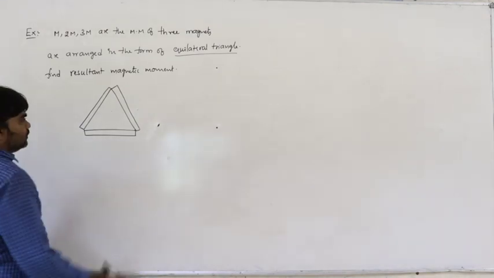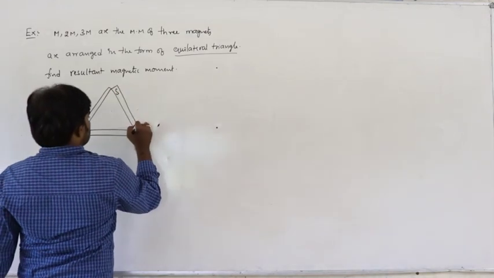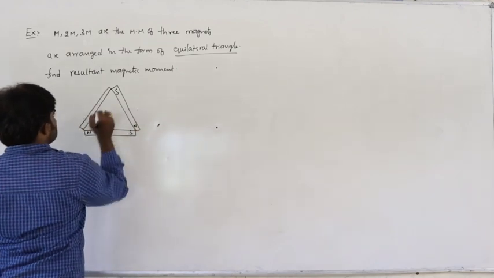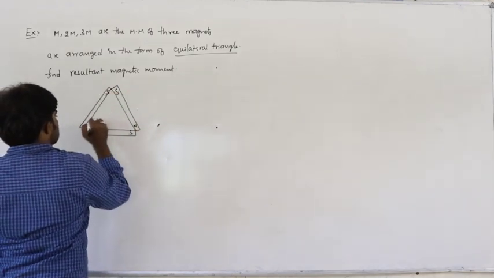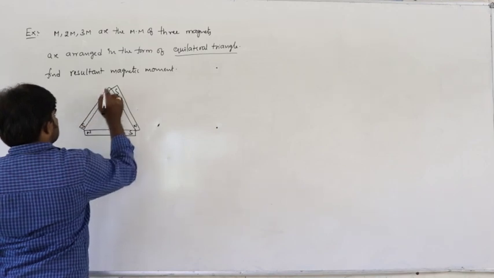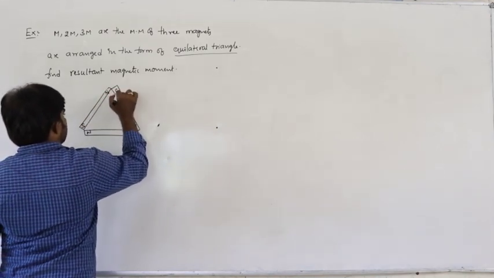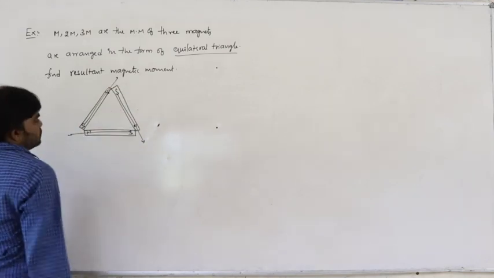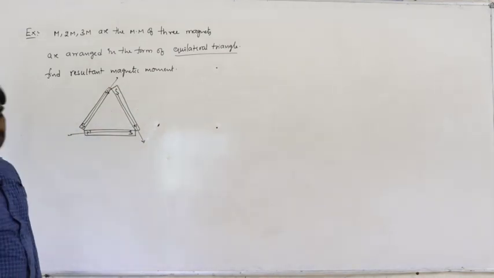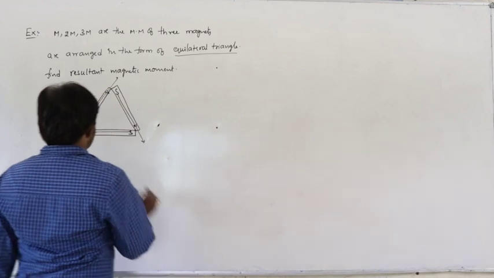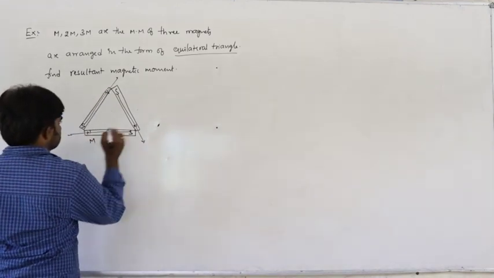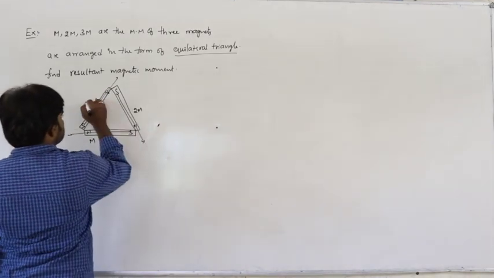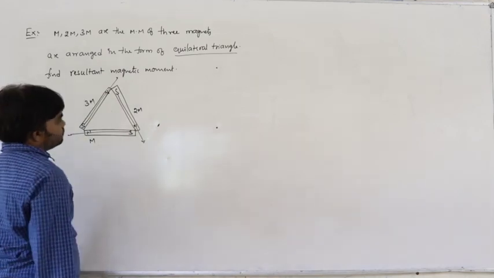All have the same length. Let us say south north, south north, south north. This is one direction, this is one direction, and this is one direction. That is the situation. Let us say it is M, 2M, 3M.